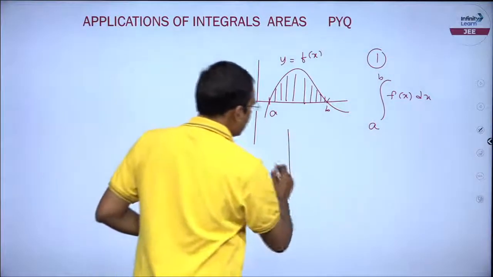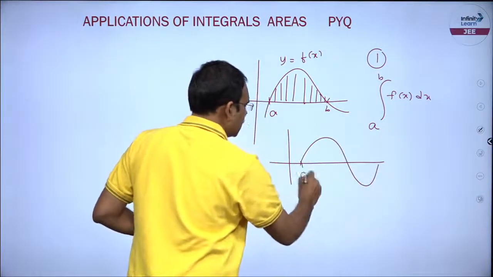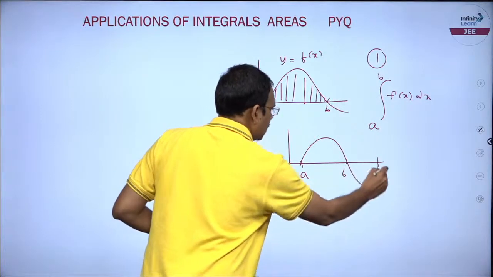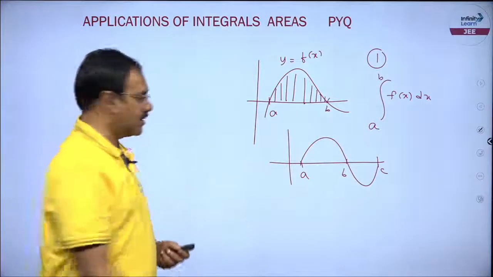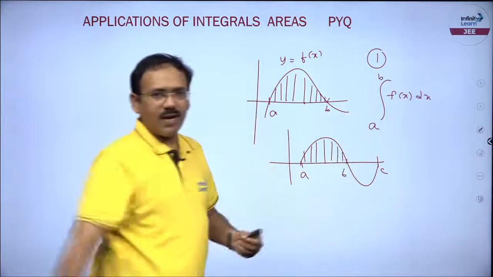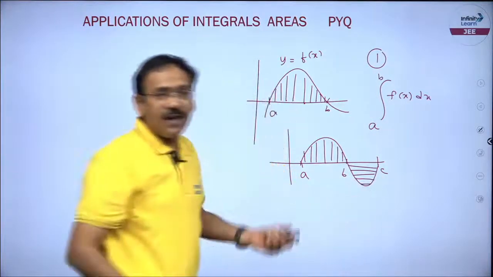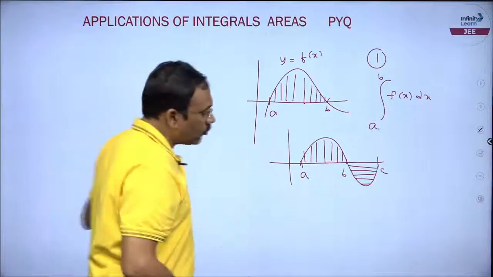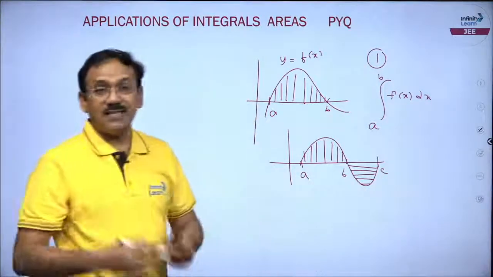Secondly, suppose there is a curve like this, suppose this is A, B, C. I want the area made by this curve with x axis. This is area 1, whereas this is area 2. Since the second area is below the x axis, if you take the direct definite integral, this part will be considered negative.